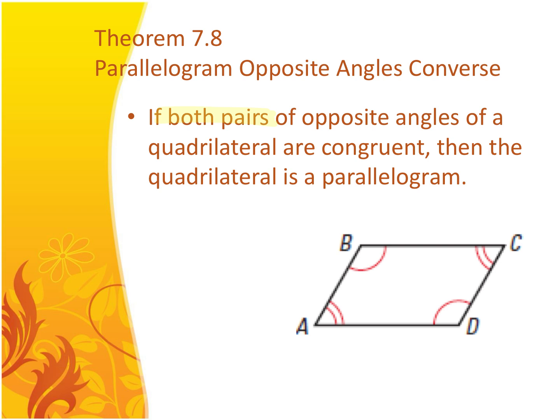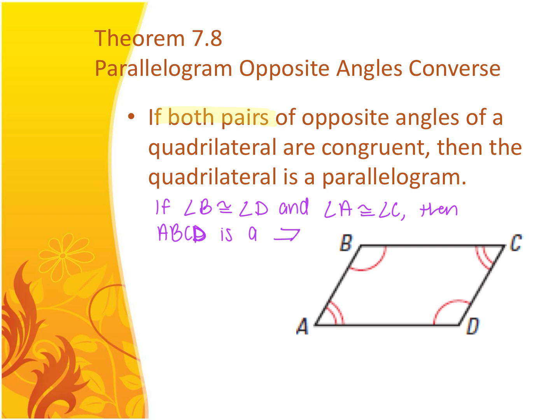If it was giving me a statement, it would be: if angle B is congruent to angle D and angle A is congruent to angle C, then quadrilateral ABCD is a parallelogram. Again, we are looking at the converse of what we covered yesterday.